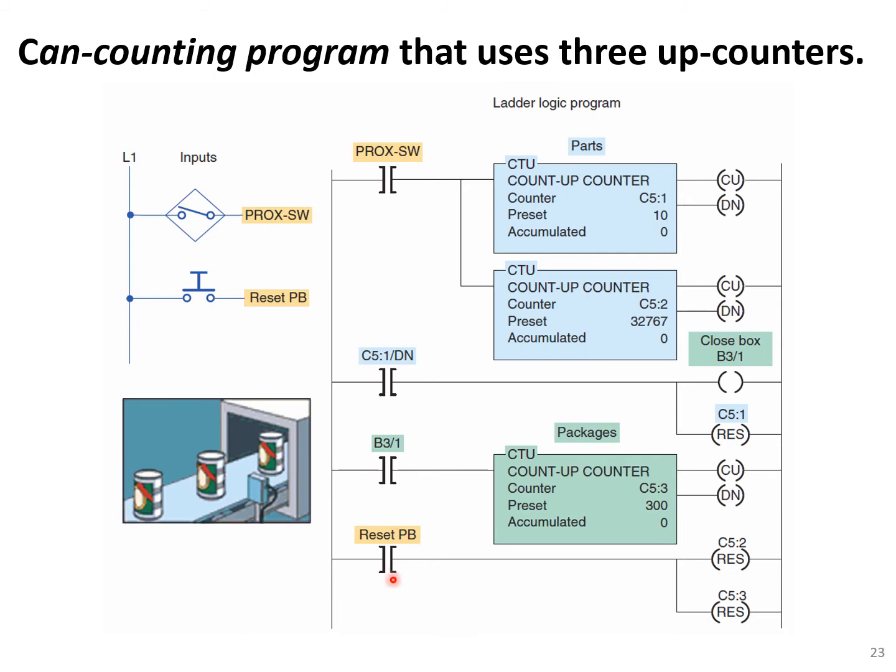Once we press the reset button, both C52 and C53 will be reset to 0. Also, once the down bit is true, the counter itself will reset itself. So the down bit of the counter will reset the counter. We don't need to reset this counter manually; it will be reset once it reaches the preset value.